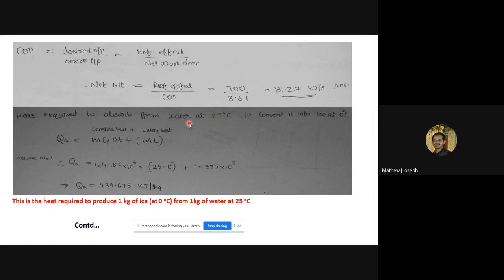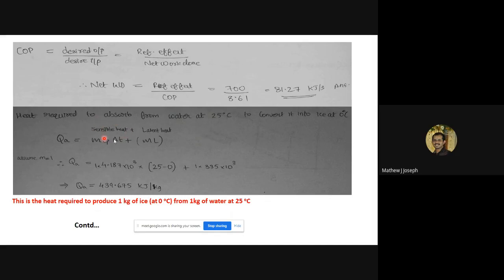Till the temperature of water becomes 0 degrees Celsius, it will remain as liquid itself. From liquid water at 25 degrees Celsius to liquid water at 0 degrees Celsius, the amount of heat absorbed will be given as sensible heat.